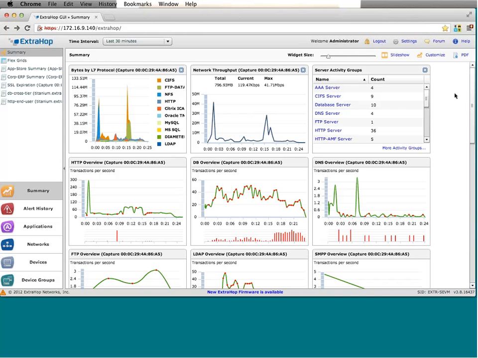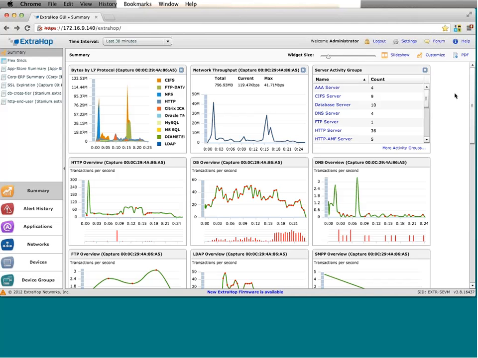For every protocol that ExtraHop supports and parses, which is essentially the entire application delivery chain, we're analyzing every single transaction in real time and doing automated analysis on those transactions to bubble up usable, actionable performance data.